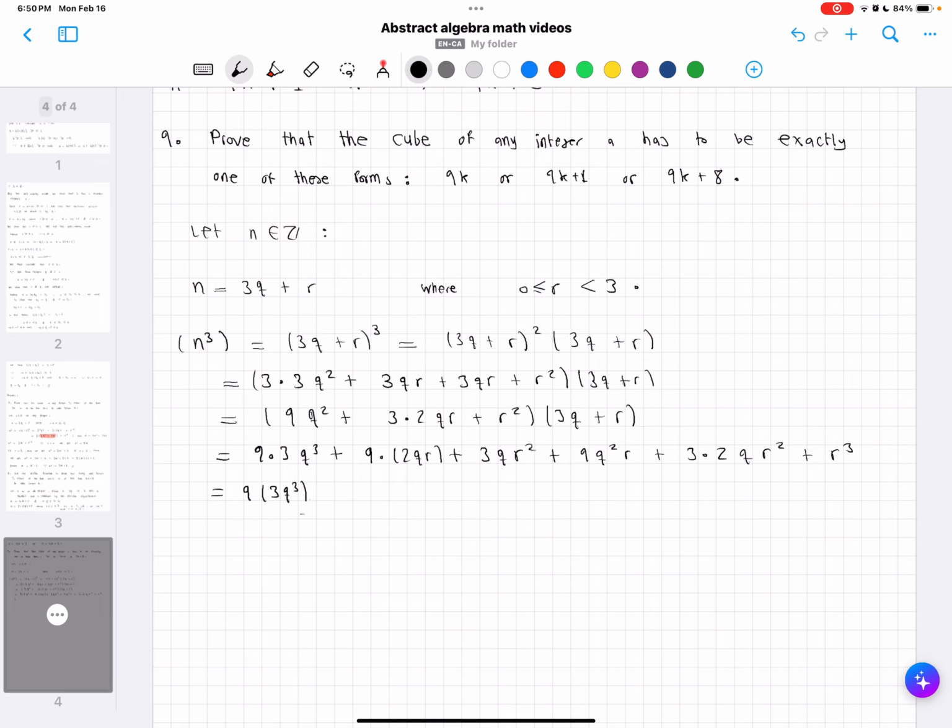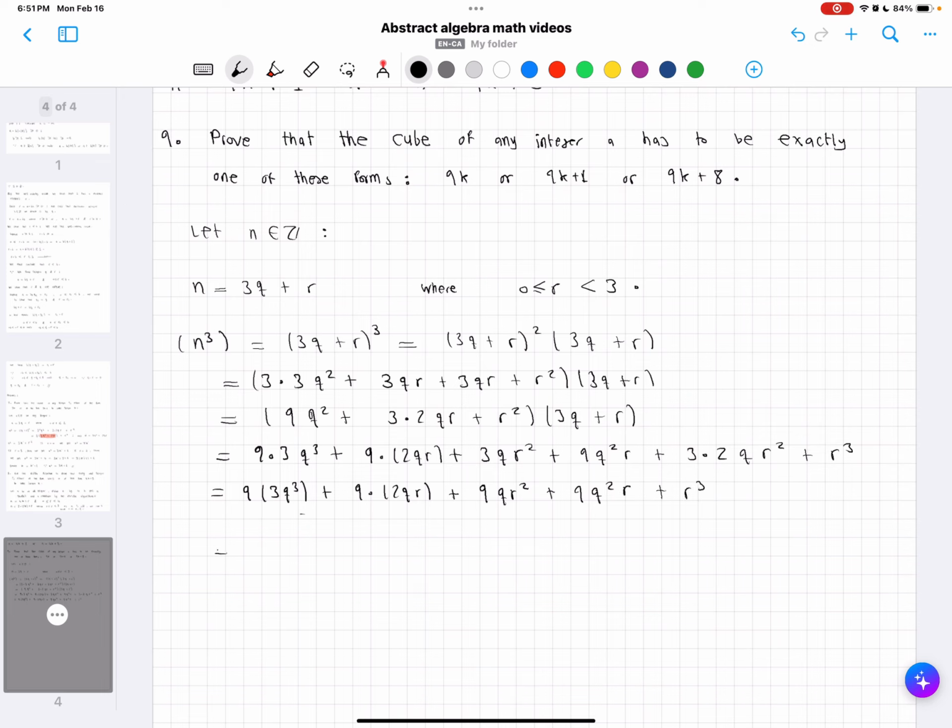We get 3q to the power of 3 plus 9 multiplied by 2qr plus 3qr squared plus 6qr squared, that is 9qr squared, plus 9q squared r plus r to the power of 3.